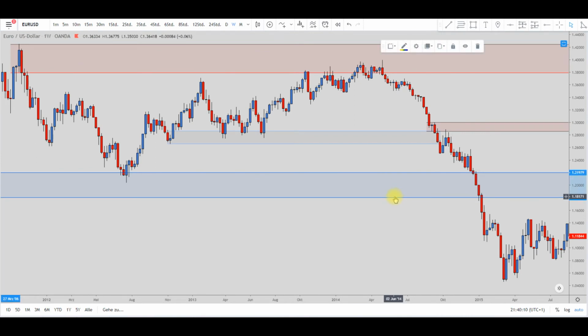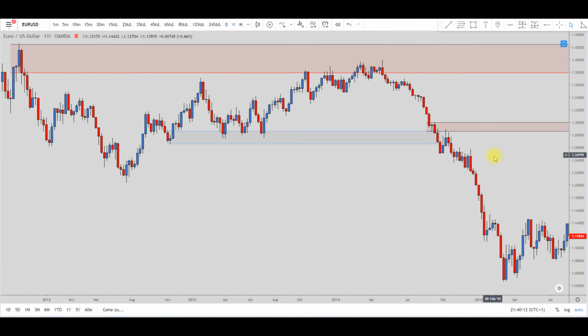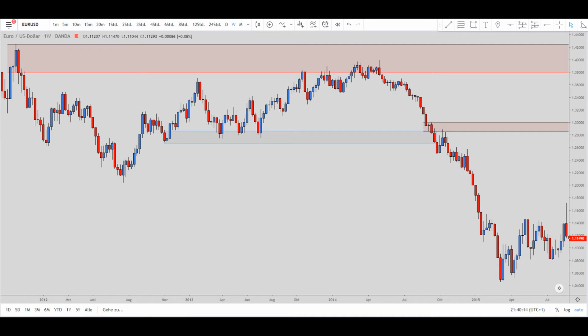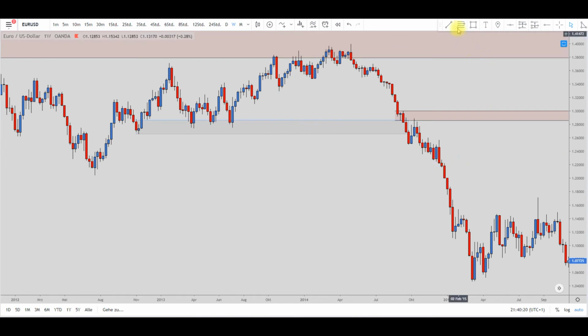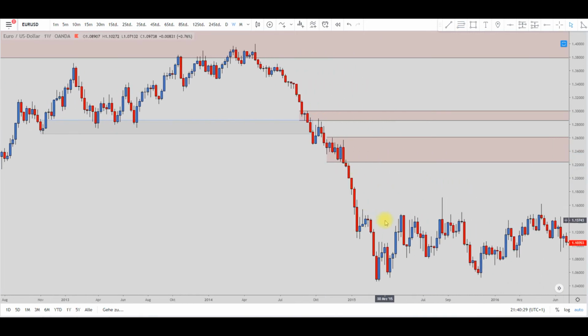So this level was broken. That was broken by this fresh supply. Came further down, drop, base, drop was tested.